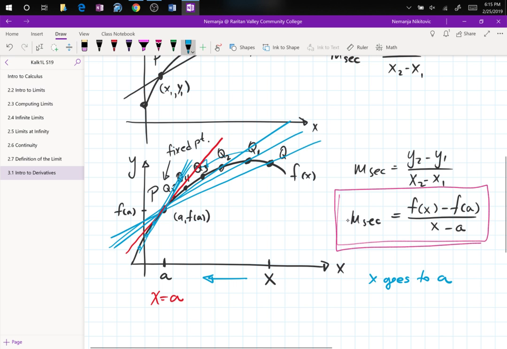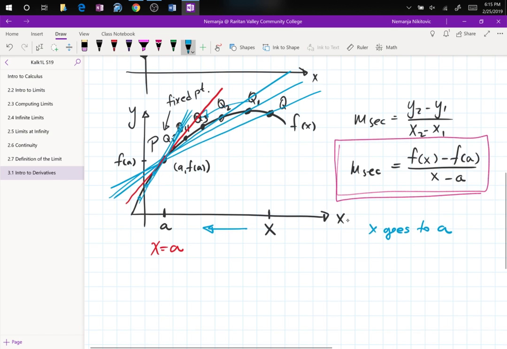The concept of the limit says, compute infinitely many from the left, infinitely many from the right, and if they all scream the same value, the limit exists. So, this special line is called the tangent line. I heard it. Great.